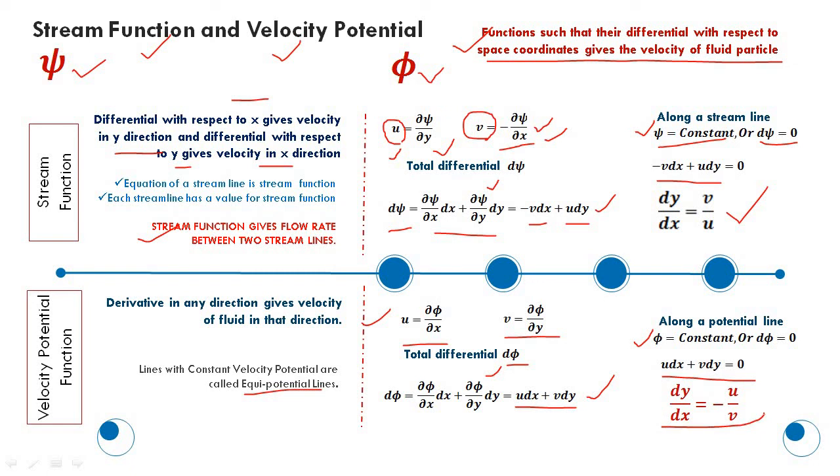So you get the slope of the potential line as dy by dx equal to minus u by v. So the slope of the streamline is v by u. The slope of the potential line is minus u by v.